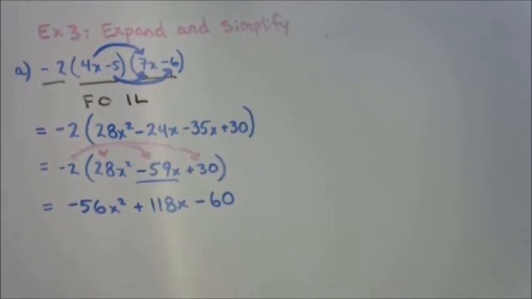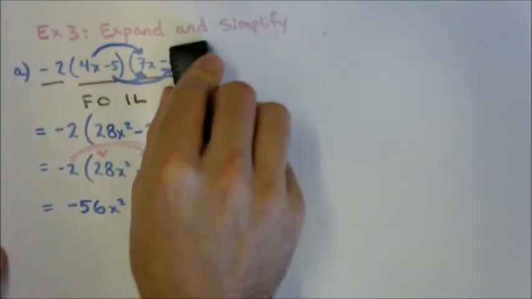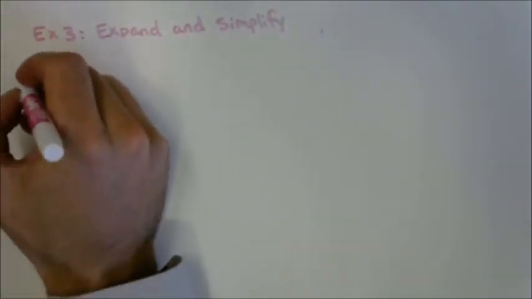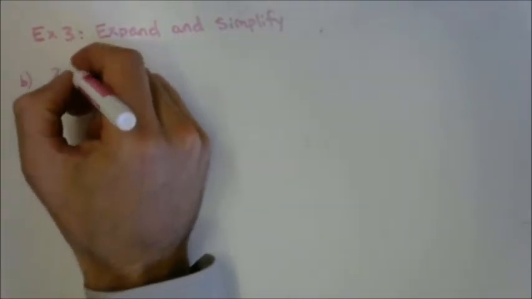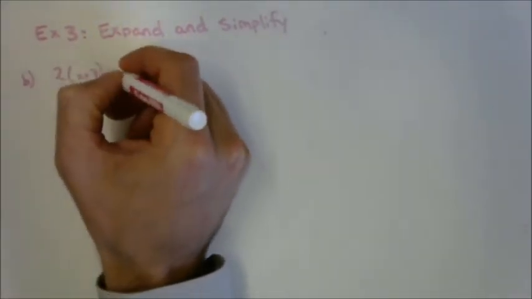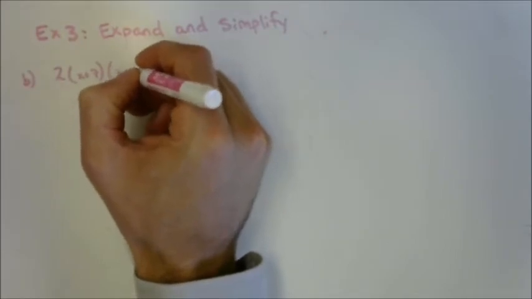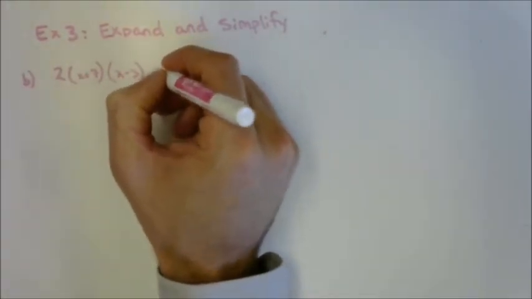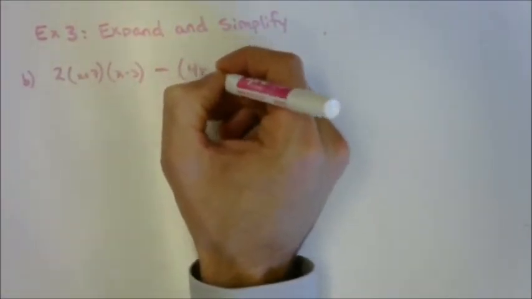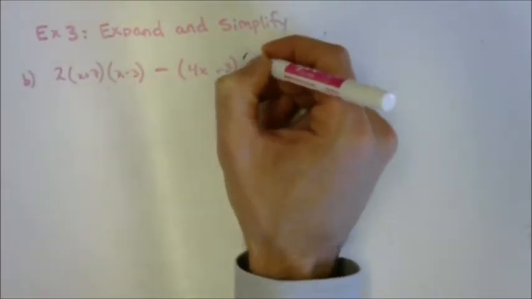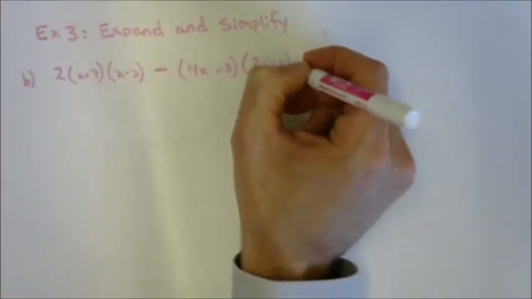Let's do the last one, which is a multi-step one. I'm going to clear this. You double check that your b is the same as my b. I've got 2x plus 7 times x minus 3, and then minus 4x plus 3 times 2x minus 1.